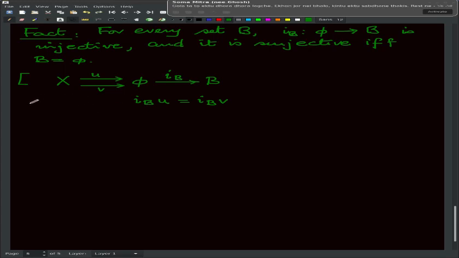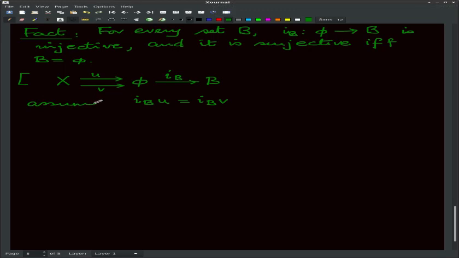Sorry, I didn't prove something, sorry. Now since u and v are maps from a set to the empty set, then u and v are actually empty.